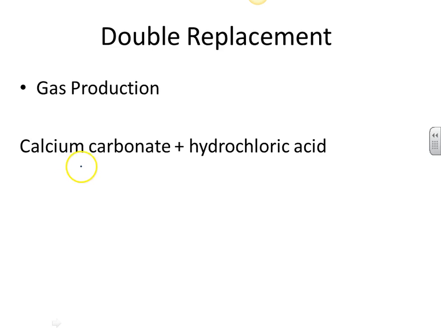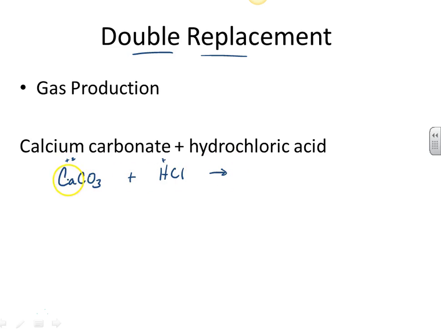Let's do another. We've got calcium carbonate reacting with hydrochloric acid. Okay, the first indication this is double replacement is that we have a compound reacting with a compound. Okay, we switch ions, so calcium is the positive element, hydrogen is the positive element on this compound, so they're going to switch places.